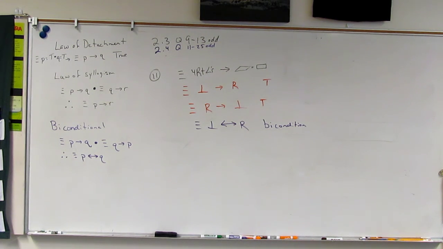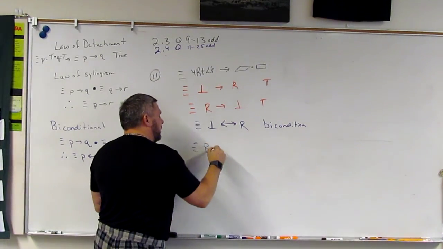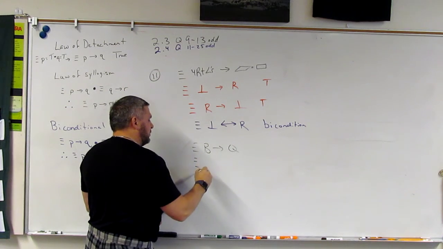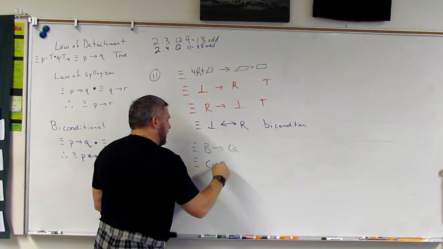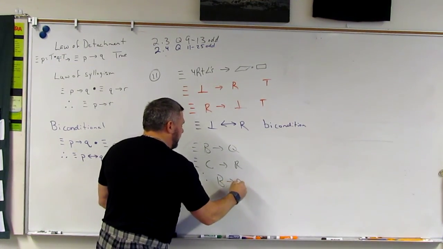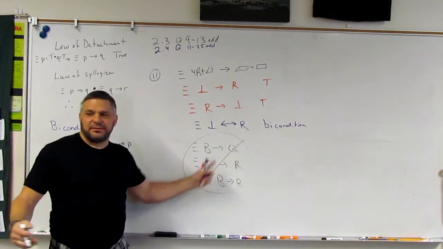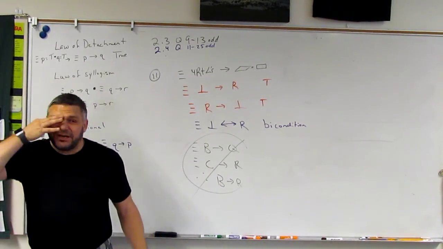If you say if R, then T, if B, then Q, then R, then Q, no, that doesn't work, because B and T have nothing to do with each other that we know of. See what I'm saying? You can't say if B then Q, if C then R, and therefore if B then R. This doesn't work, because I don't know what C has to do with Q. And you'll see that right away.